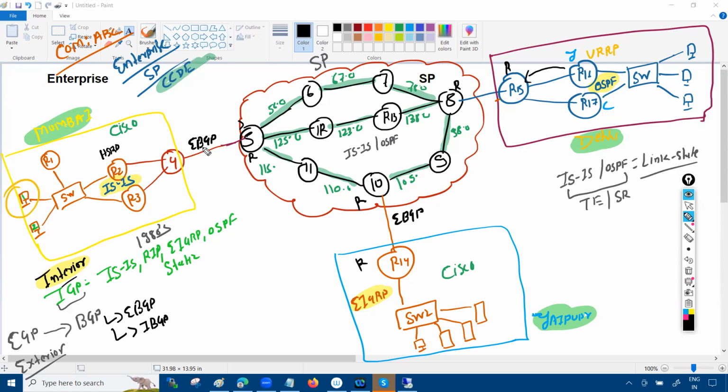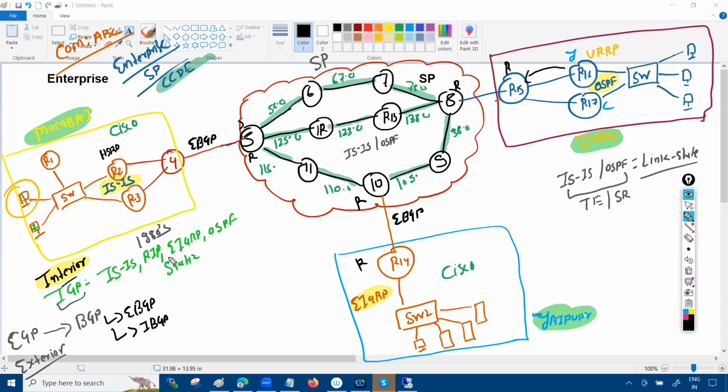In that case, what happens? You can reduce a lot of complexity. It's not that it is not scalable, but the problem will happen with the routes. You will lose security, because this many routes will come to the customer network and you cannot control routes.